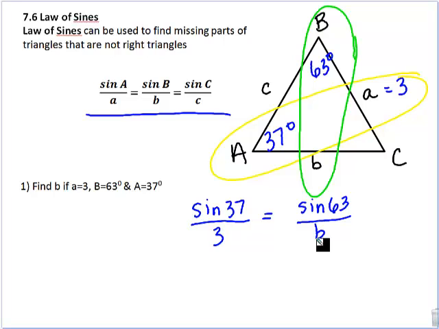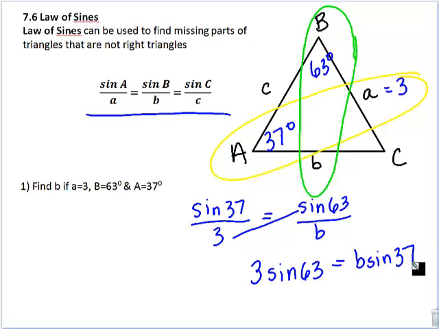When we cross multiply, we get 3 times the sine of 63 is equal to b times the sine of 37. And then how would you get your b alone? Divide by the sine of 37.